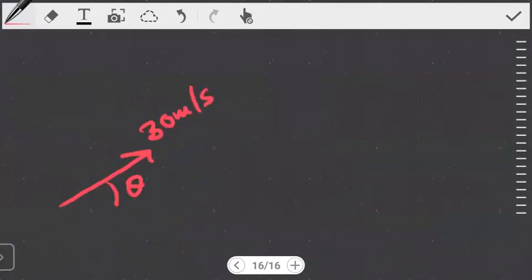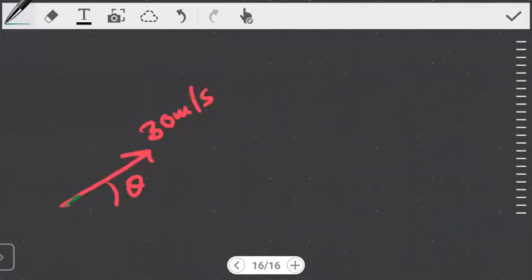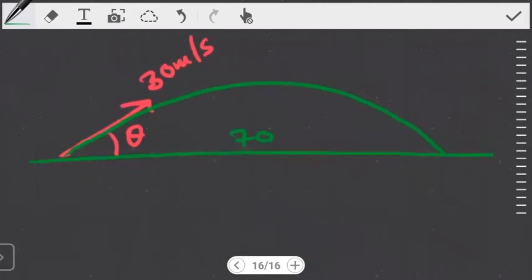So when this is the case, the projectile goes up and then it lands at some point. But this time around, the projectile lands at a point 70 meters from the launch point. So the range is now 70 meters. Now, the first thing is we're going to find that angle less than 45. Then I'm going to use the angle less than 45 to find the other one.